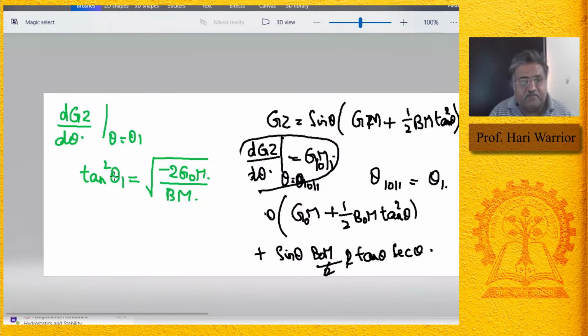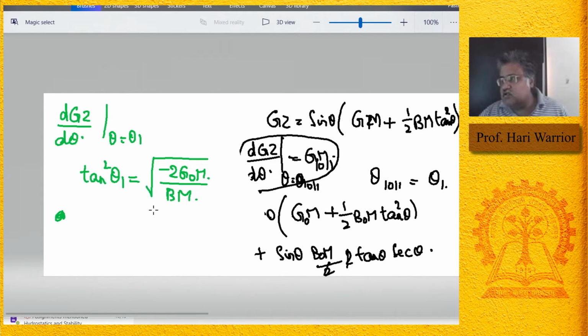Once you have this, it needs to be substituted into this expression. In dGz by d theta, you set theta equal to theta 1 such that tan square theta 1 is equal to this. So I am replacing tan square theta with this, and tan theta sec theta comes from the differential of tan square theta. And finally, can you do it yourself?